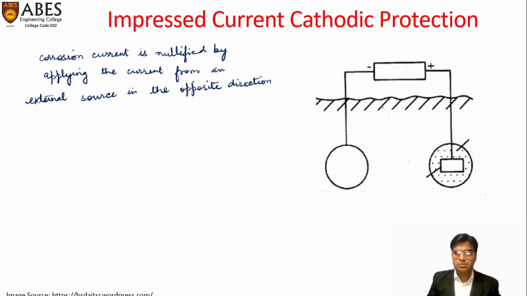The process here can be understood with the help of this diagram. Suppose this is our metal structure, which is made up of steel, and it is buried in the soil. So we connect it to the negative terminal of a DC power supply, and the positive terminal is connected to another electrode, which may be made up of either graphite or platinum.